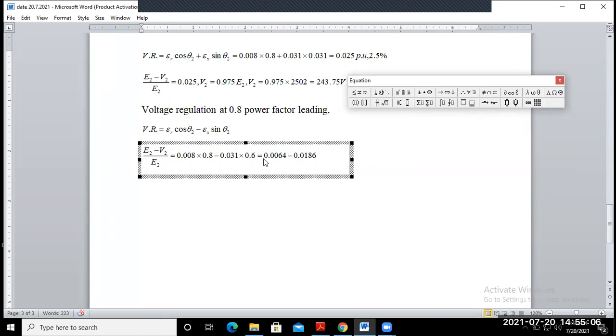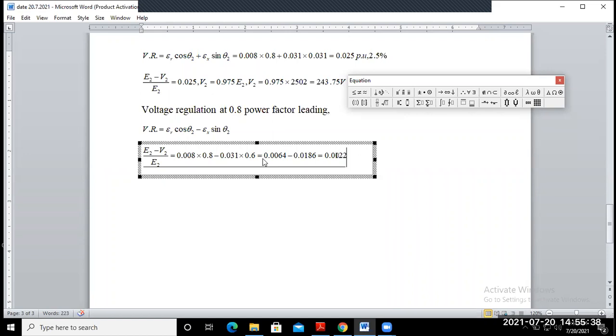So 0.0064 minus 0.0186 equal to minus 0.0122. Okay.